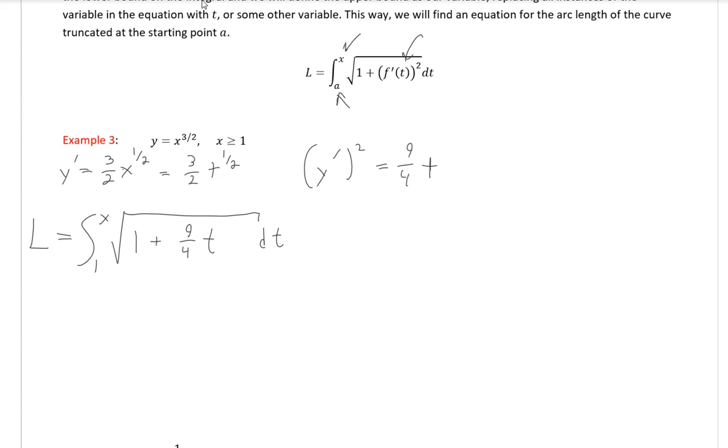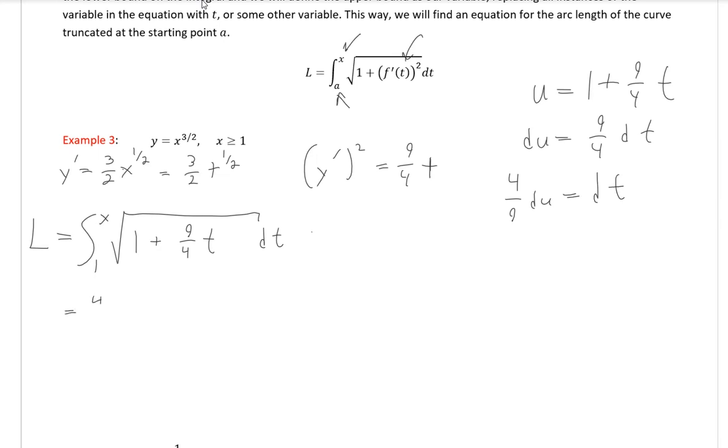We can just set that as a u substitution, setting u to be 1 plus 9/4 t, du to just be 9/4 dt. So we have this as 4/9 du equals dt, and we can rewrite this.